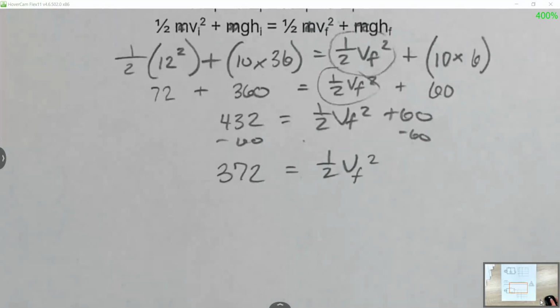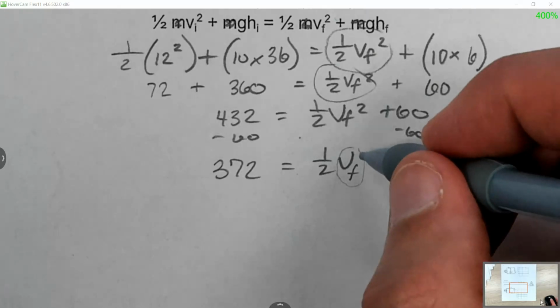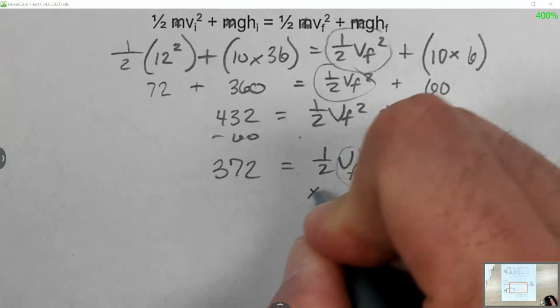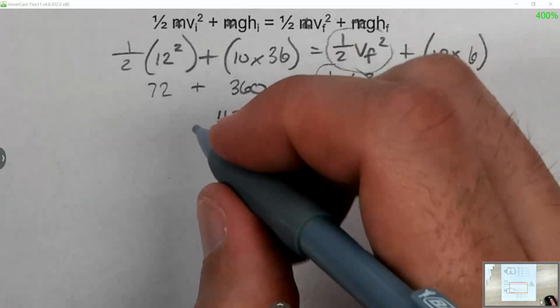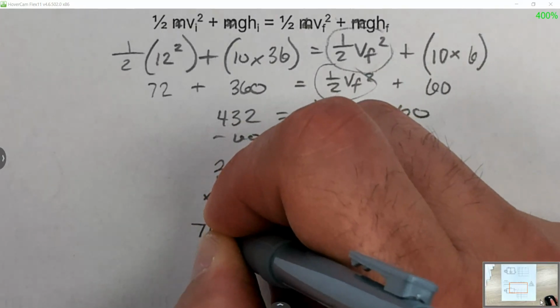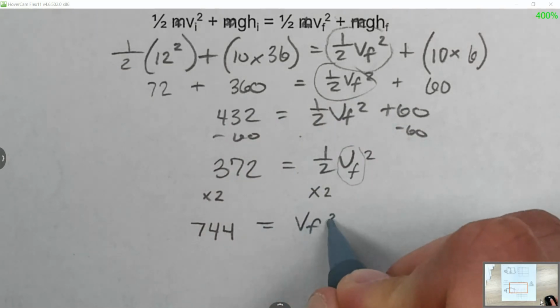Now, from here, again, we want Vf by itself. So we have to get rid of this 1/2. How you do that is you have to double both sides first. 372 times 2 is going to give us 744. And that's going to leave us with Vf squared.